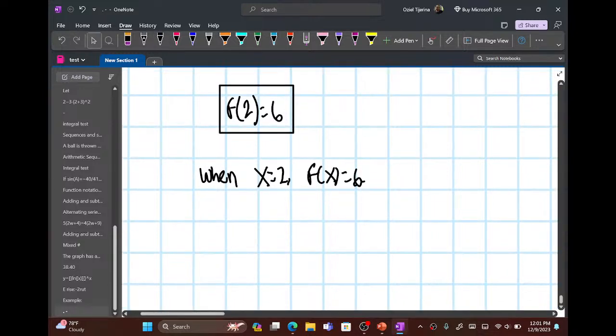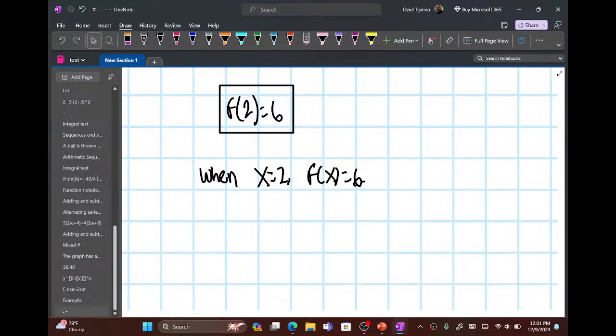In other words, we want to also say that at x equals 2, f of x equals 6.